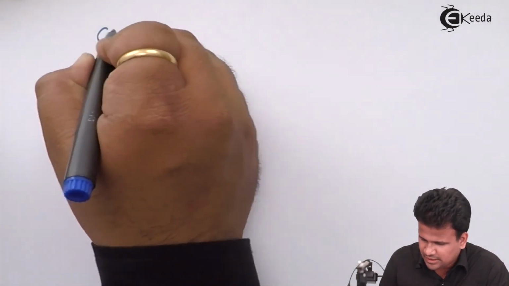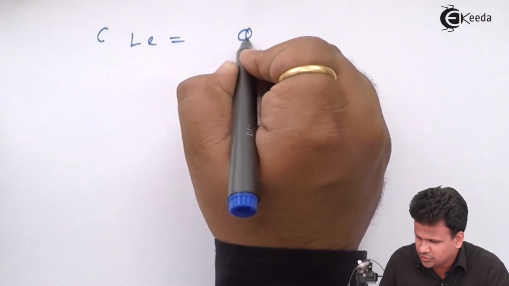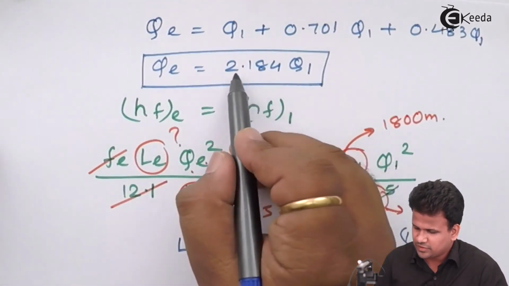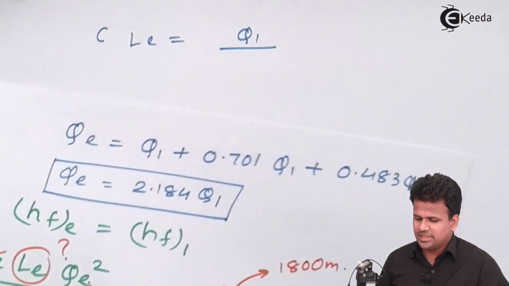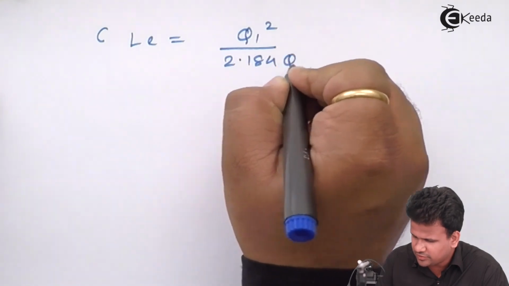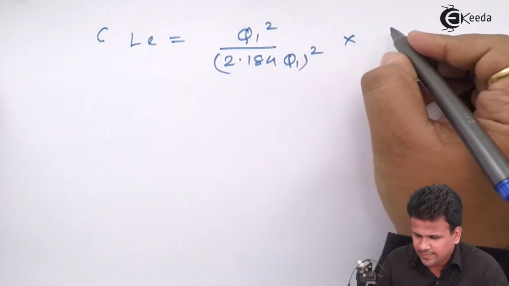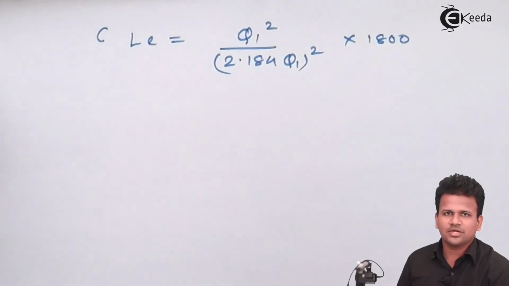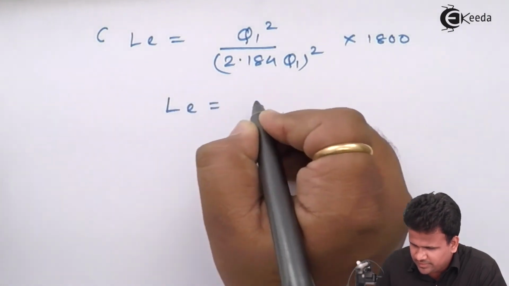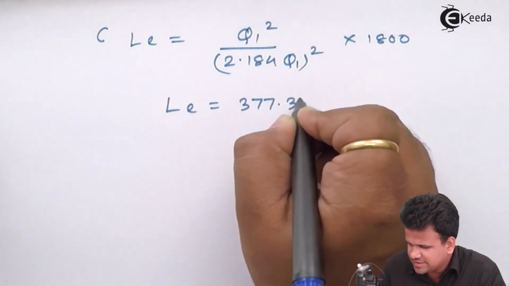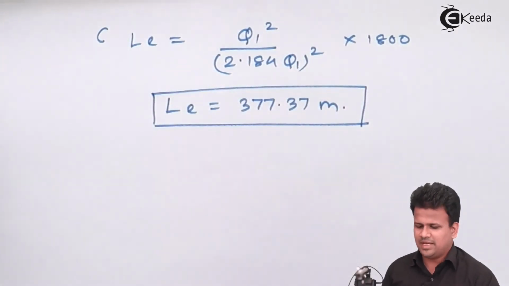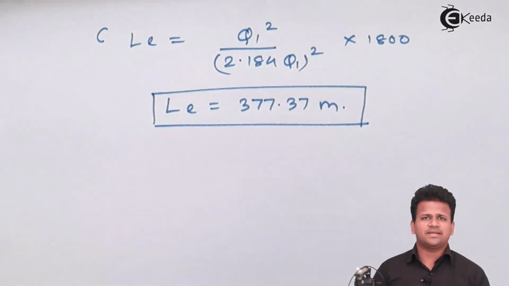Q equivalent can be written in terms of Q1, that is 2.184. So L equivalent is Q1 upon 2.184 Q1, the whole squared, into 1800. On calculation of this entire part, the equivalent length will be equal to 377.37 meters.